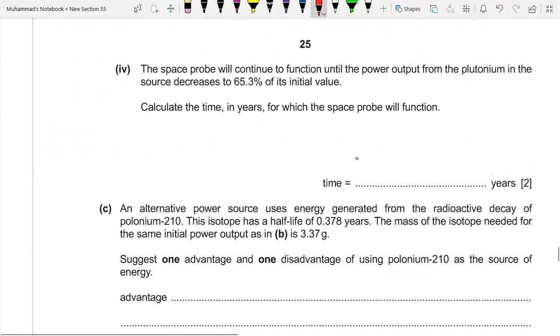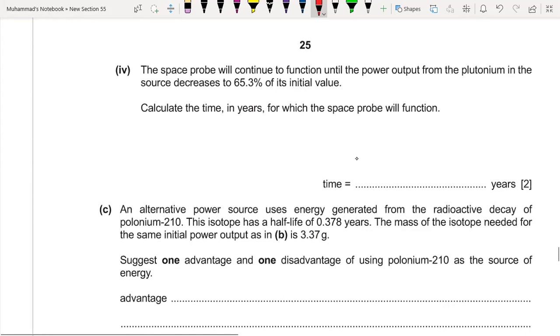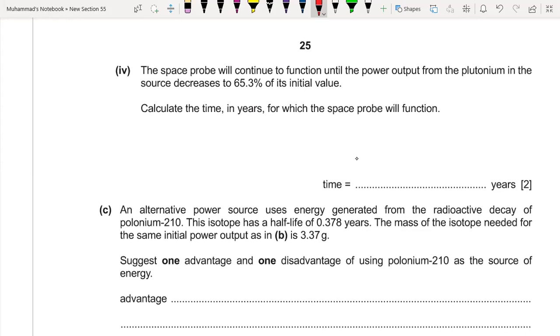The space probe will continue to function until the power output from the plutonium source decreases to 65.3% of its initial value. Calculate the time in years for which the space probe will function. So what we are given is the power. If the power decreases to 65.3% of its initial value, then it will work.